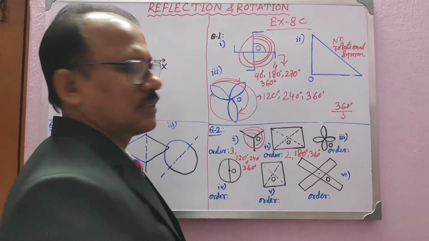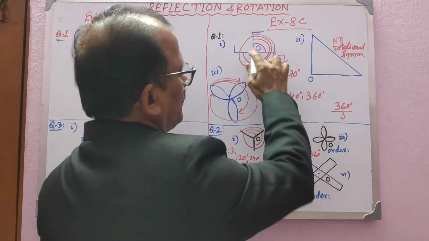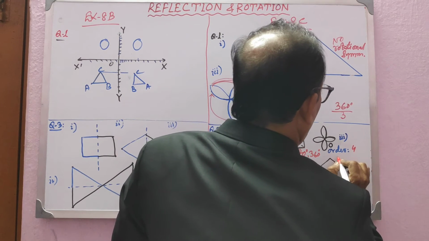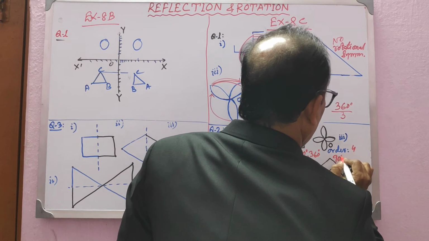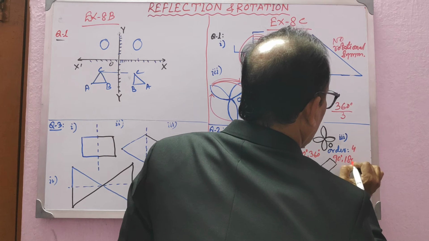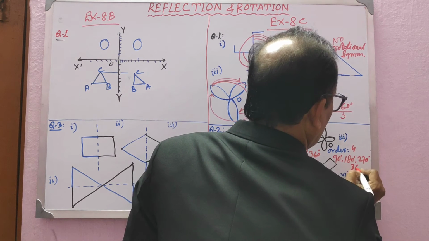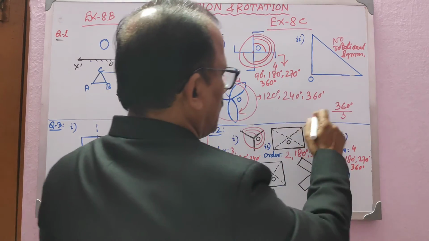Now in this case, you can have 4 turns, so it will have order 4. The angles will be first 90 degrees, then 180 degrees, then 270 degrees, then 360 degrees, isn't it? If you rotate it.